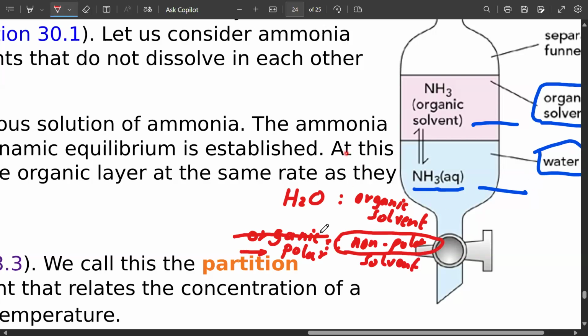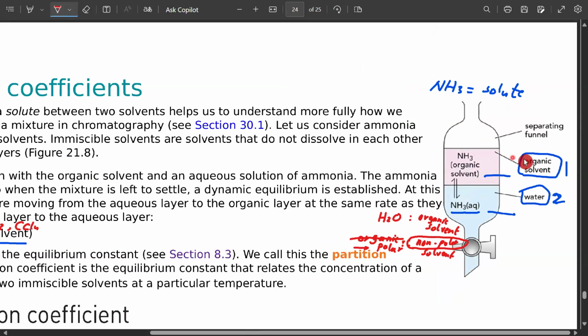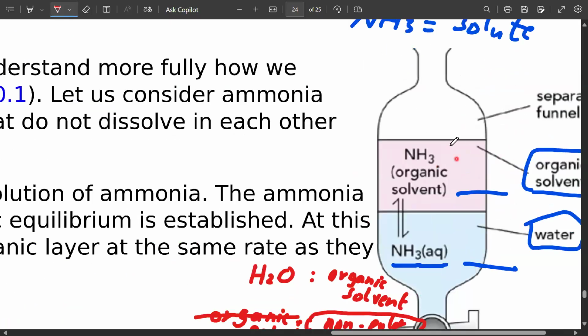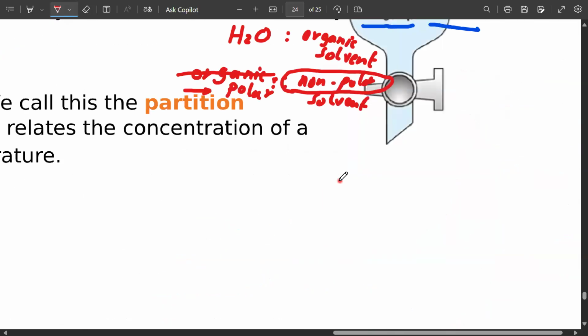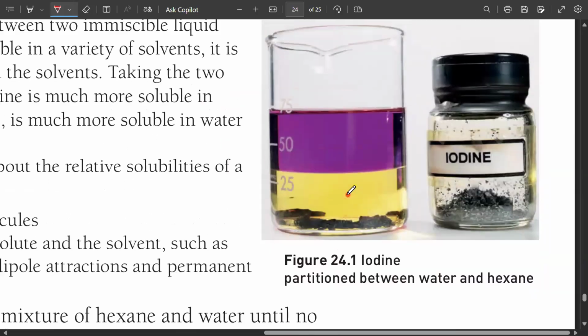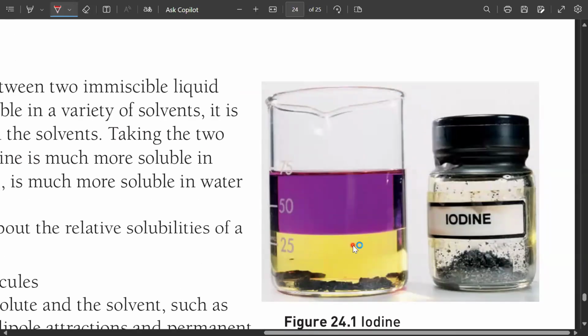Yeah. So if we consider this example, then ammonia is the solute, whereas the solvents are organic solvent versus water. And if we take another example here, in this case we have iodine, I2, as the solute, and then the solvents.